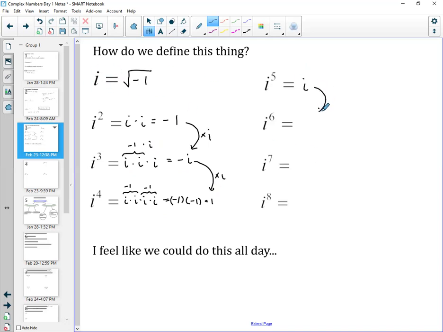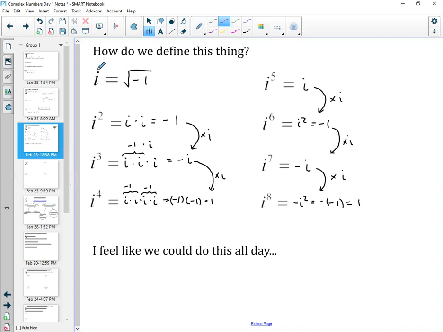Multiply this by i, I get i squared, that's negative 1. Multiply this by i. Negative 1 times anything is just negative that thing, so it's going to be negative i. Multiply this one by i, and I get negative i squared, which is negative 1 times negative 1, which is positive 1.